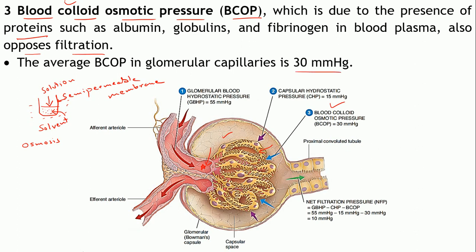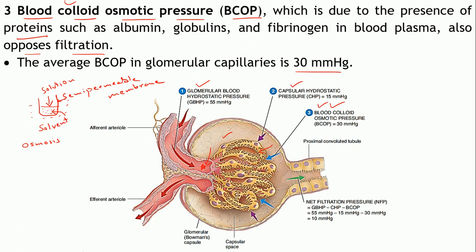So these are the three pressures which we have seen, which are responsible for the alteration in the glomerular filtration, acting in specific directions. One of them, the glomerular blood hydrostatic pressure, is promoting the filtration, moving fluid out of the capillaries, whereas the other two, the capsular hydrostatic pressure and the blood colloid osmotic pressure, are opposing the filtration.